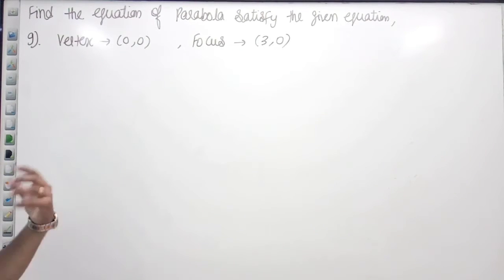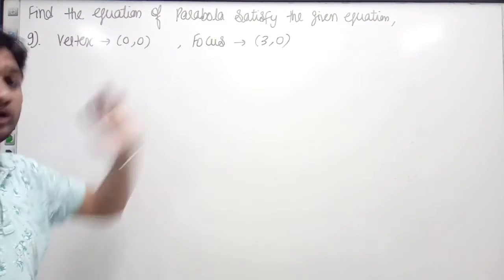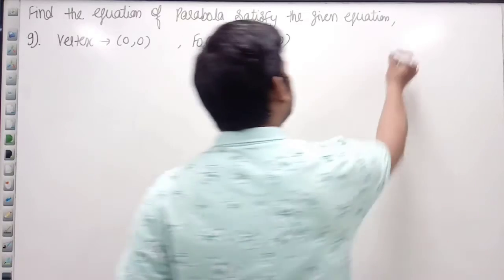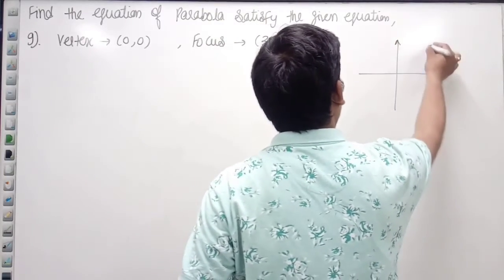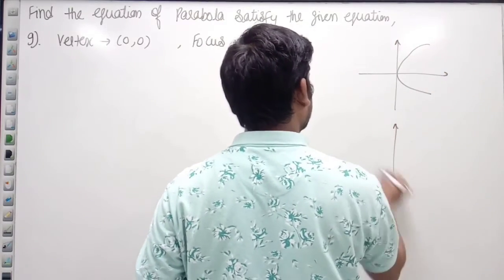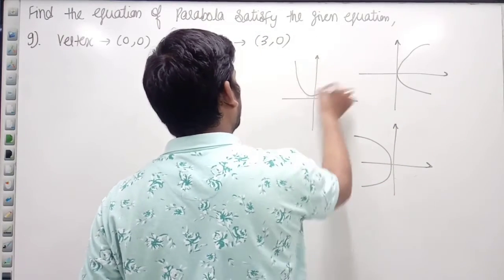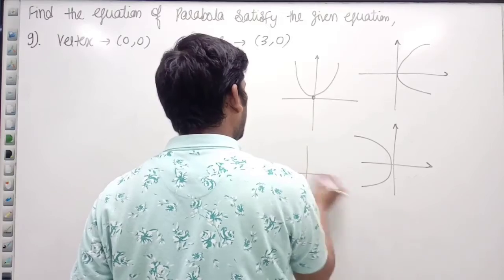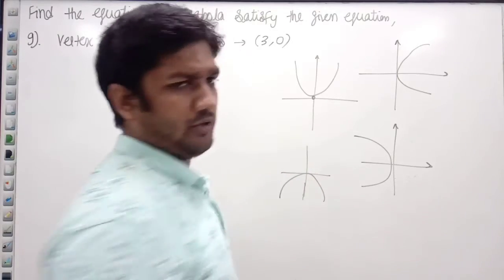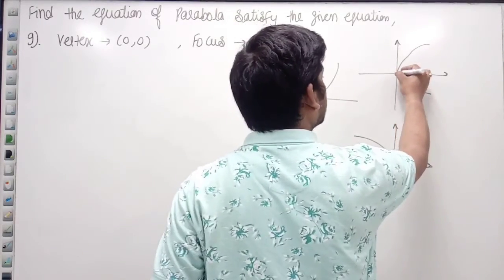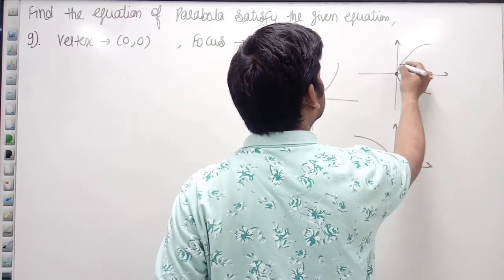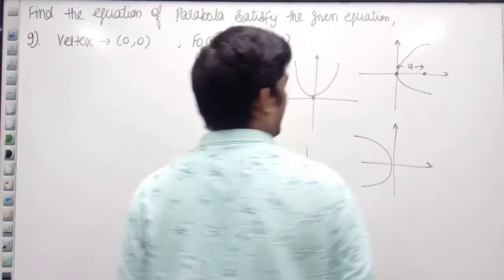Next question, the information that is given to us is vertex and focus. If you talk about any of the parabola, either this or this or upward or downward, any of the parabola, distance of vertex from focus is always a.